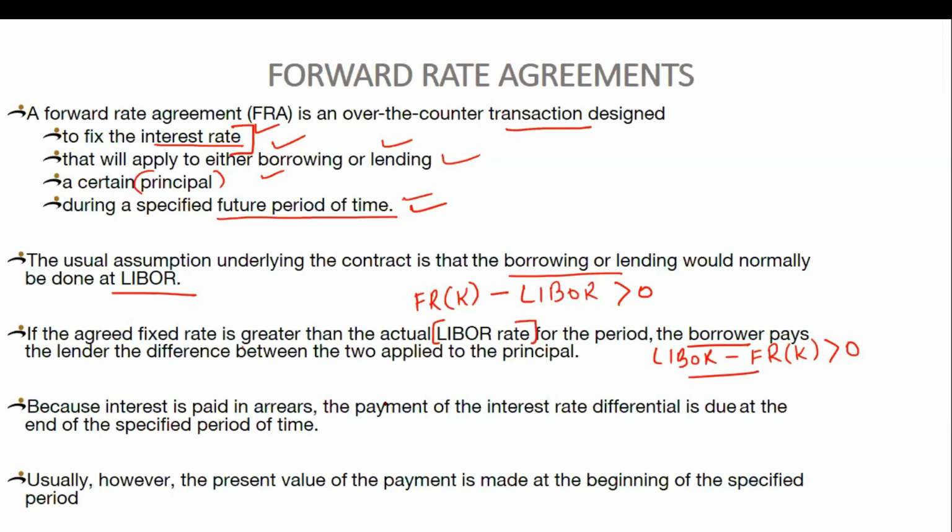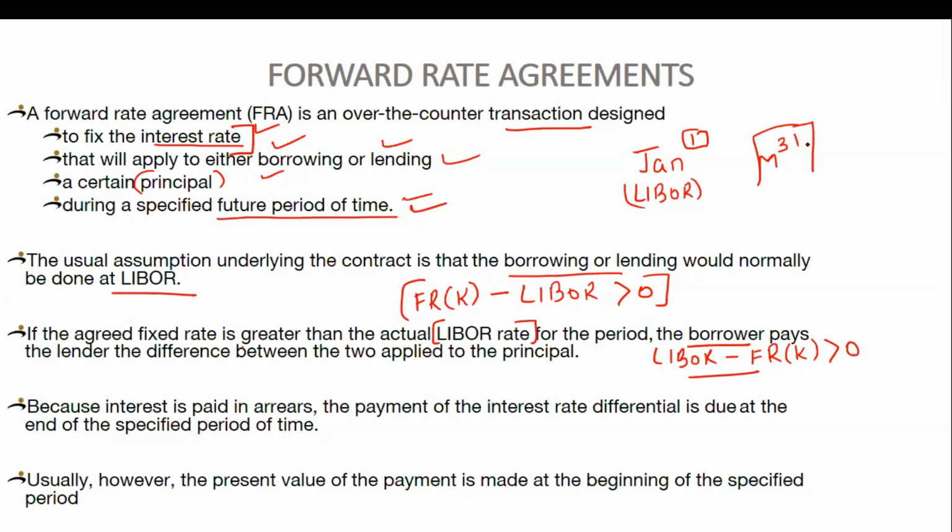Now, because interest rate is paid in arrears, the payment of the interest rate differential is due at the end of the period. Basically, it means your contract starts on January 1st and expires on March 31st, a 3-month contract. So you are going to pick the LIBOR rate of January 1st, and then you are going to do this calculation, but the actual payment is going to happen on March 31st.